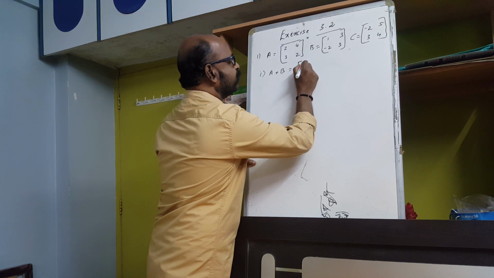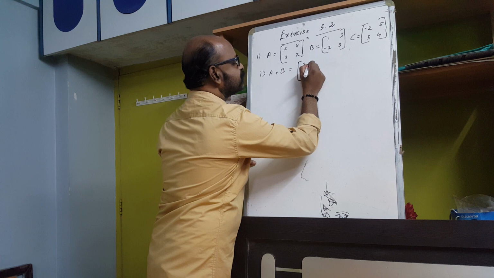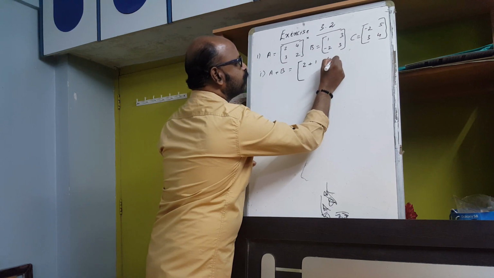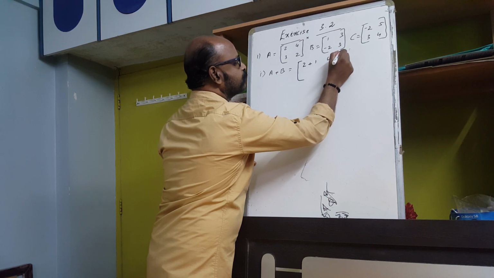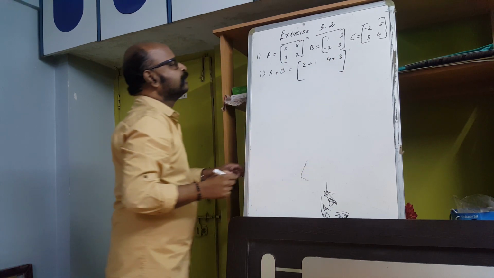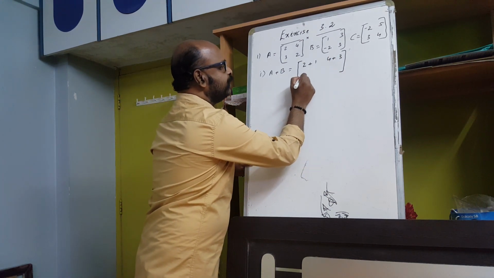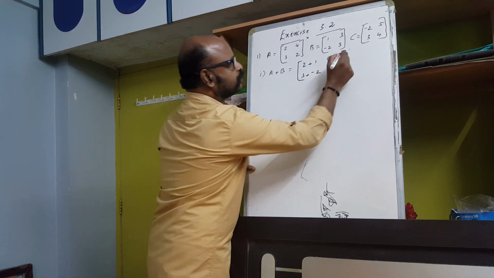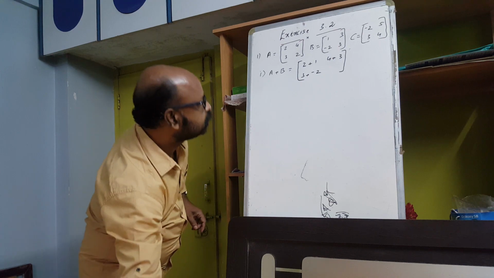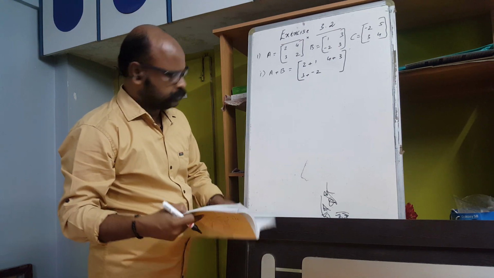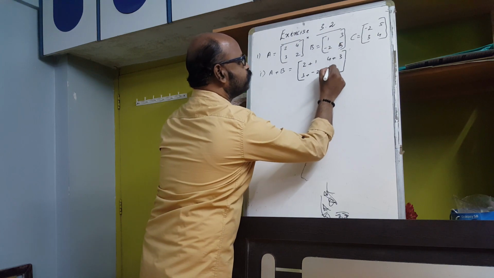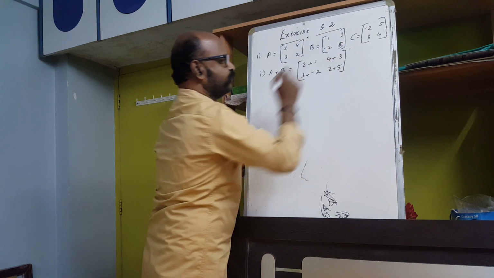Corresponding elements. So 2 plus 1, then 4 plus 3, then 3 plus minus 2, and it was actually 5, so 2 plus 5.